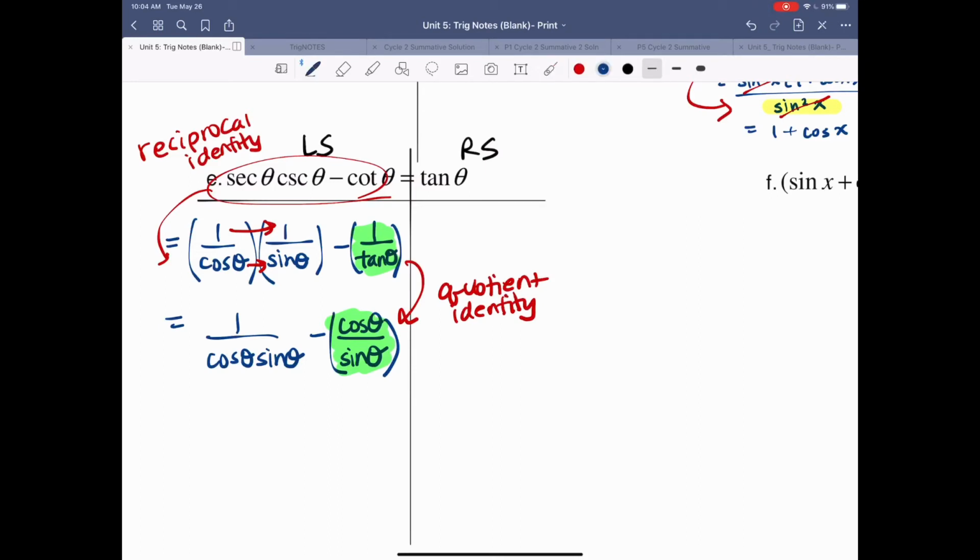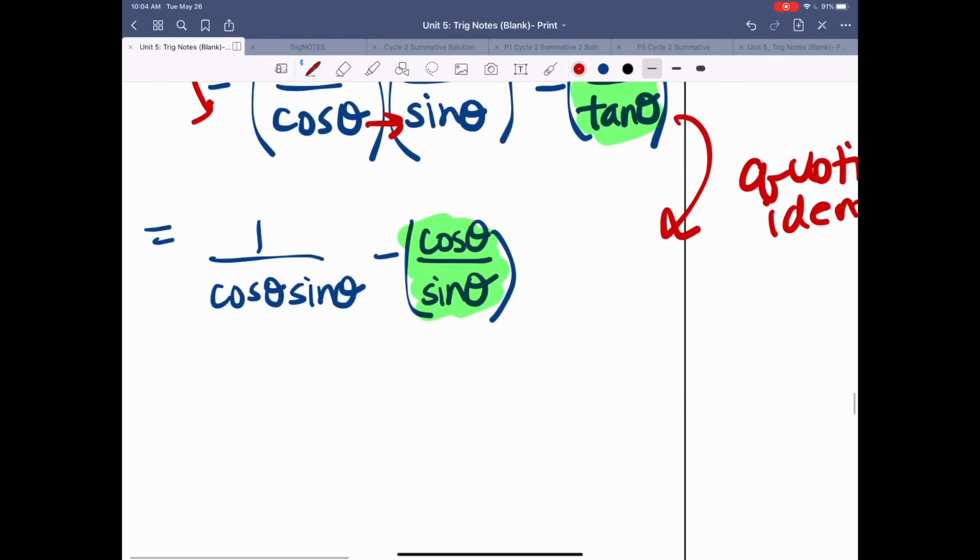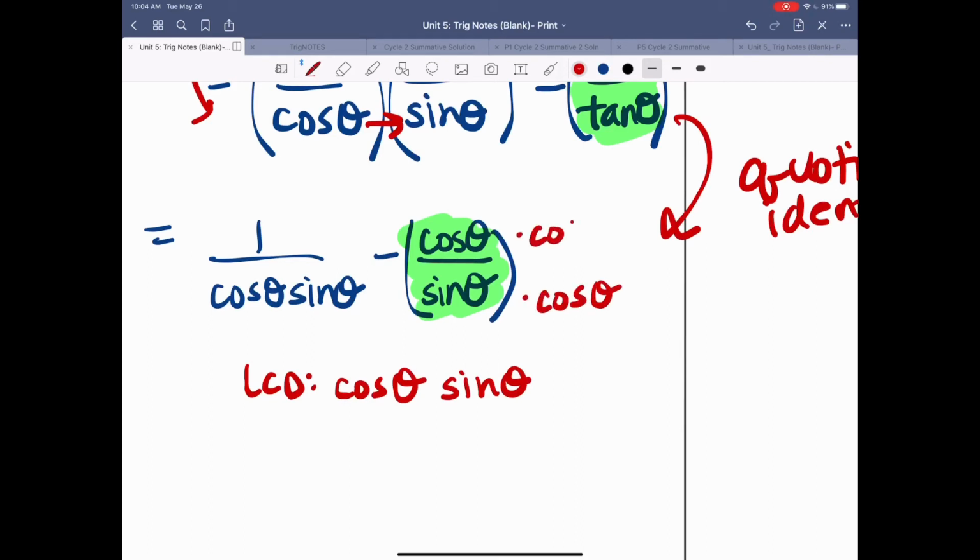Next, I'm noticing that we're dealing with adding and subtracting fractions, but the two terms have different denominators, and I need to identify the LCD. See how you're bringing in that rational function unit. So the LCD is cos theta and sine theta. To my first term, I don't have to do anything, but I do have to multiply the top and bottom of the second term by cos theta.